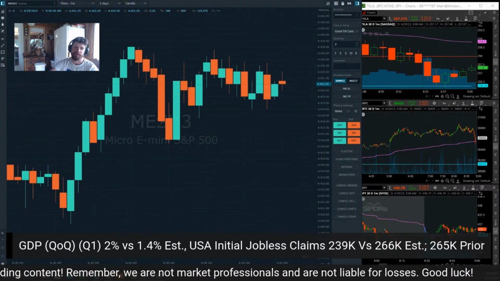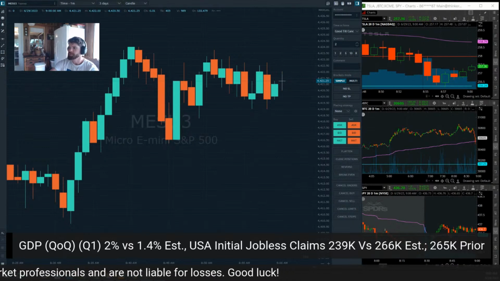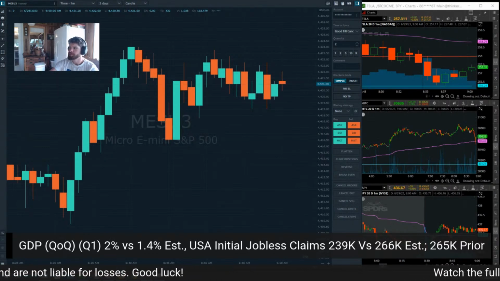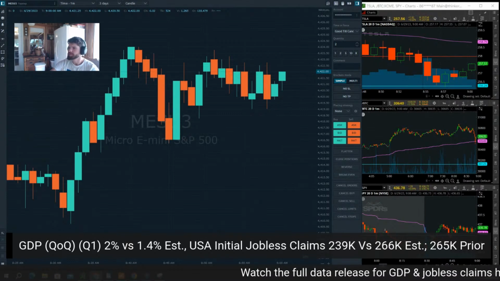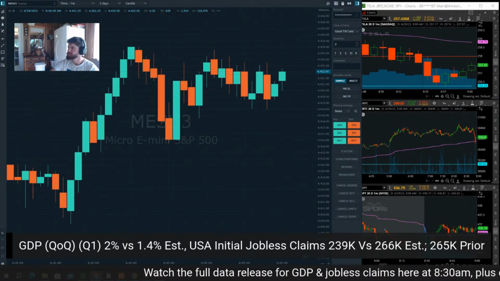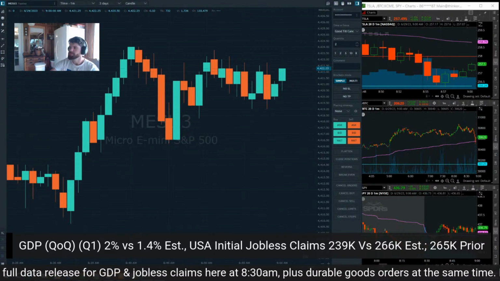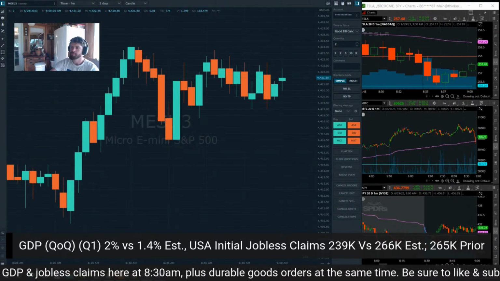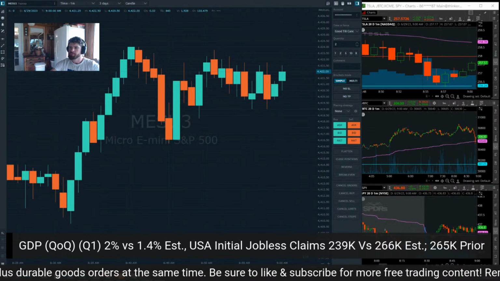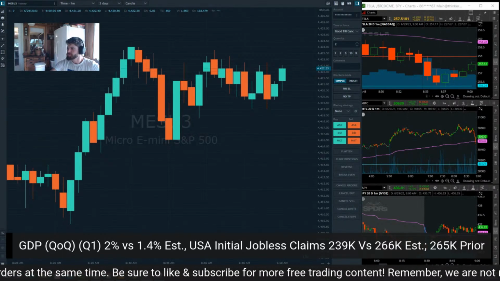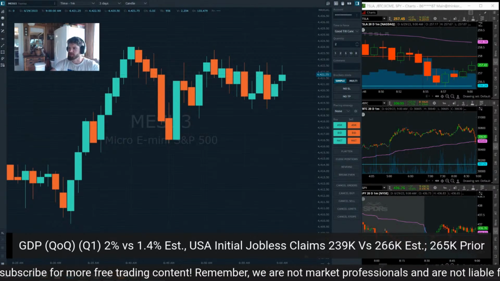Market's mostly flagging sideways. Tesla started to bounce back up a little bit right at that previous closing price too.